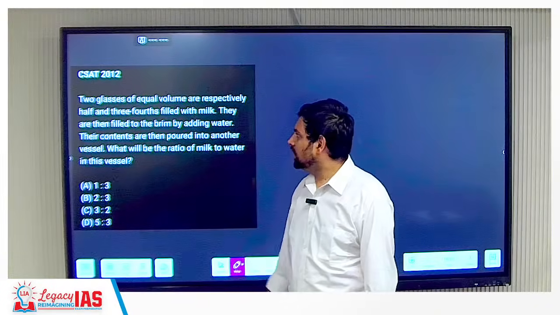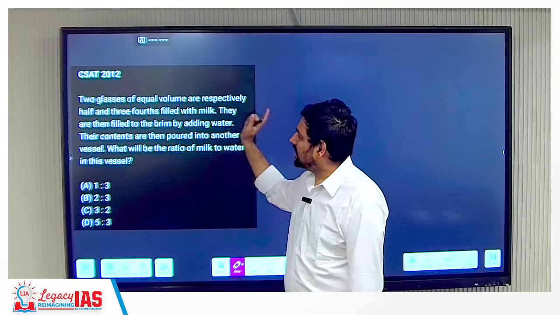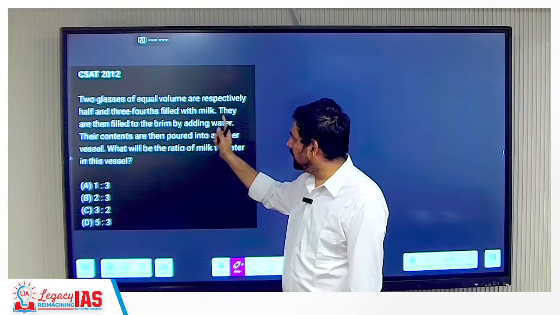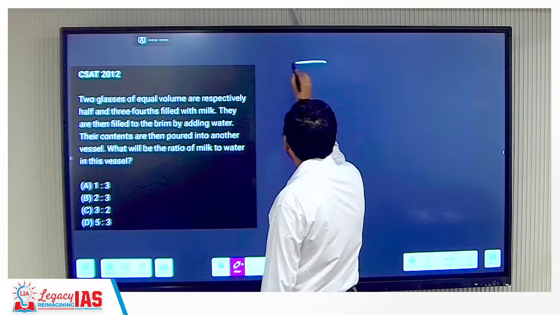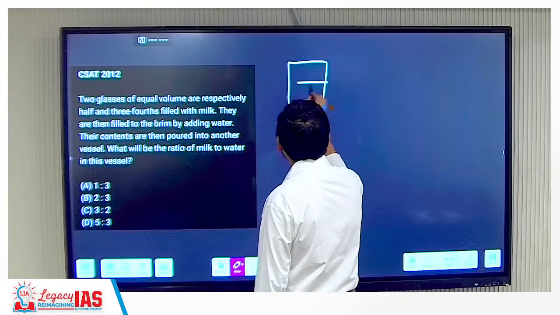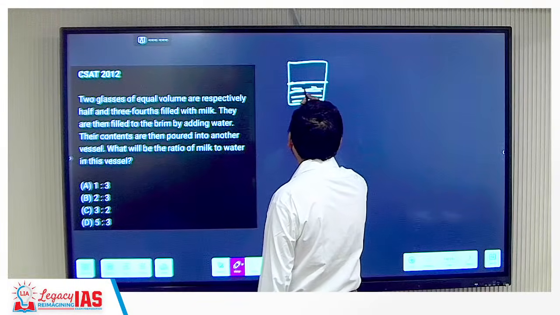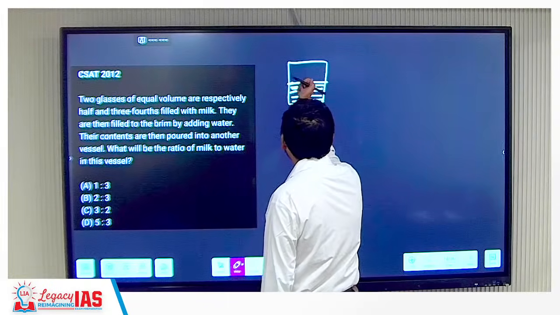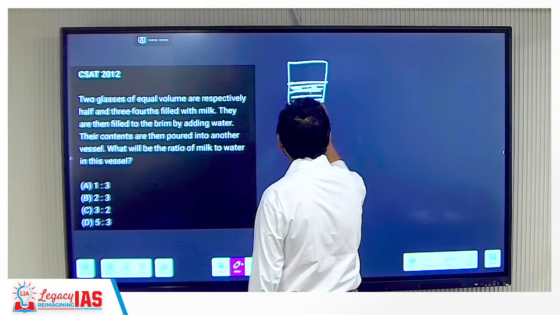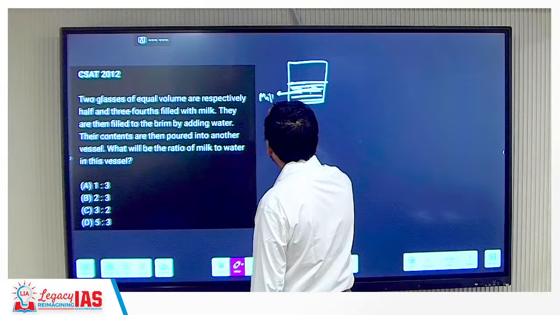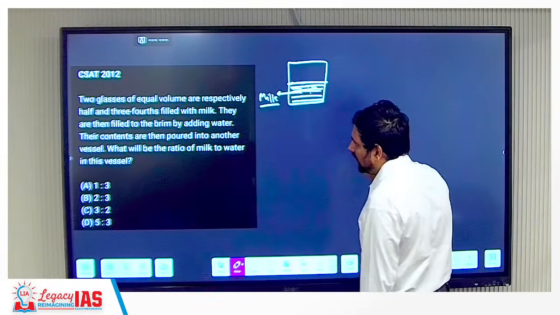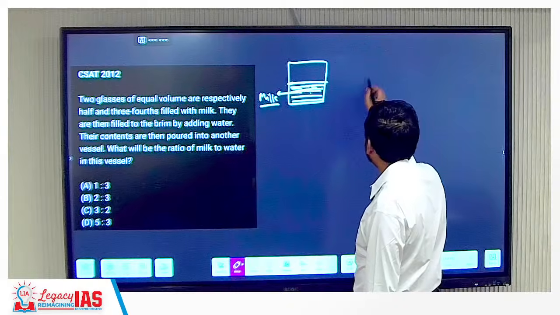Very simple. See, two glasses of equal volume are respectively half and three-fourth filled with milk. What will this look like? This is half filled by milk. Now the other one is three-fourth filled with milk.